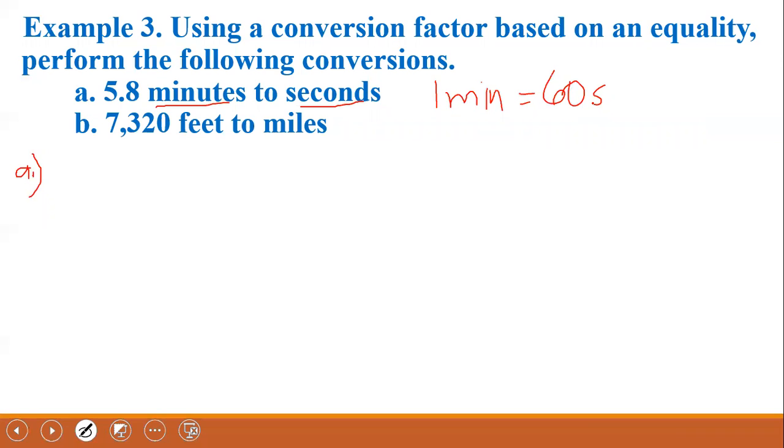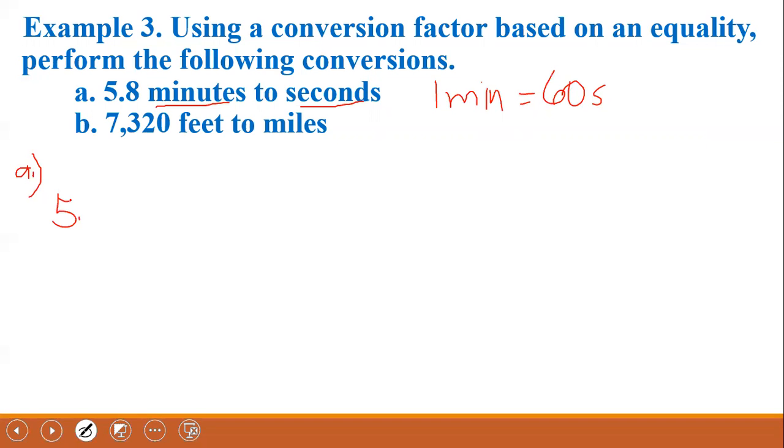The quantity on the left-hand side of the equality must appear in the denominator of our conversion factor. So kailangan yung minute, mag-a-appear siya doon sa denominator ng conversion factor, in order for us to achieve the unit cancellation.